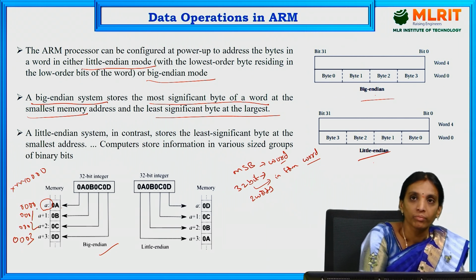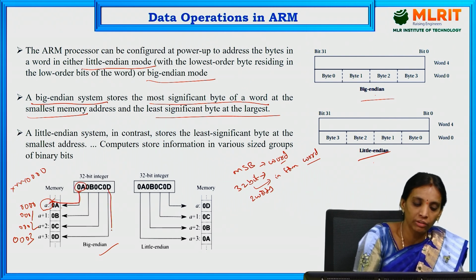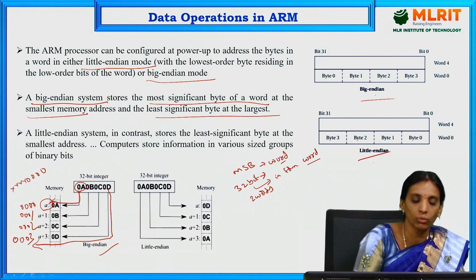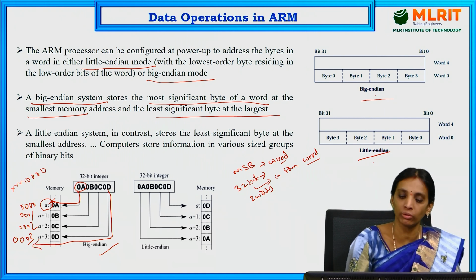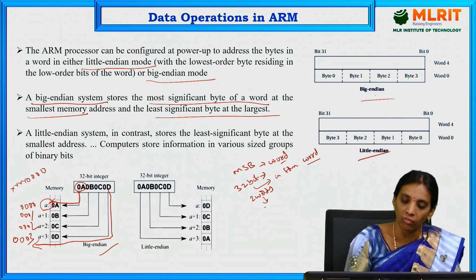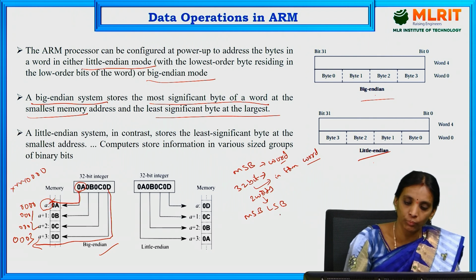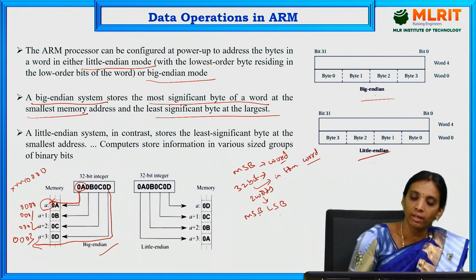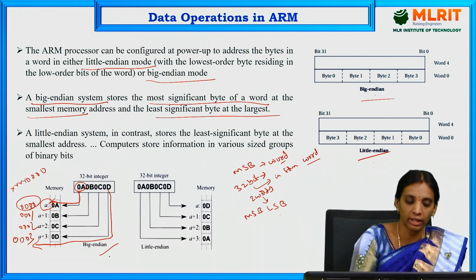Here the MSB is stored in the lowest memory location and the LSB is stored in the largest memory location. Instead of bits, the words will be stored. Here it consists of two words, one is the LSB of the word, another one is the MSB of the word. The LSB of the word is stored in the largest location and the MSB of the word is stored in the smallest location. So that is big endian mode.